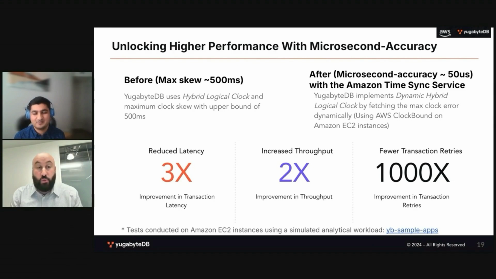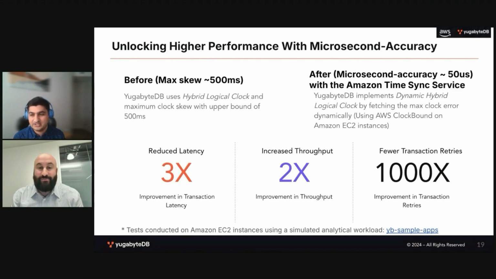And so what Yugabyte's doing, which is really smart, is they're taking the clock in real time, looking at that P100 confidence of the clock error and adjusting accordingly. That way they can ensure correctness and consistency as they go through.